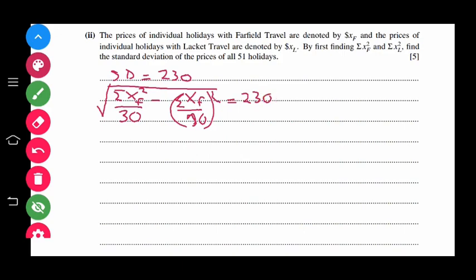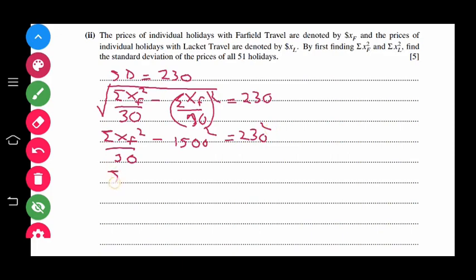So that we get sigma xF squared by 30 minus (sigma xF by 30) squared is equal to 230 squared. Sigma xF by 30 means the mean, which is already given as 1,500.